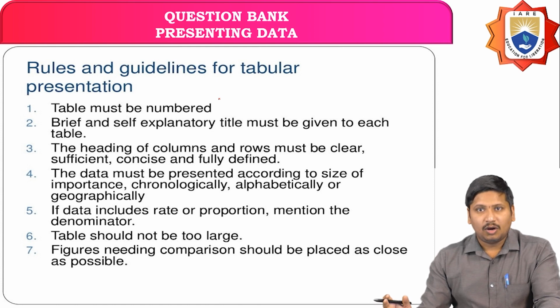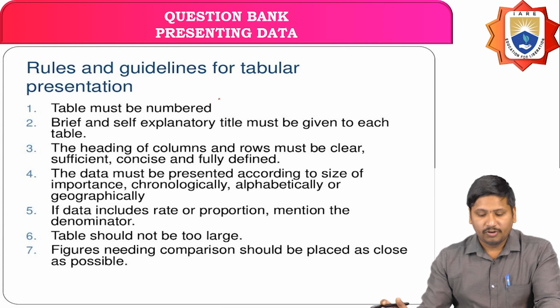The data must be arranged according to size of importance, chronologically, alphabetically or geographically. If the data includes proportions, mention the denominator. The table should not be too large, and the figures for comparison should be placed as close as possible.